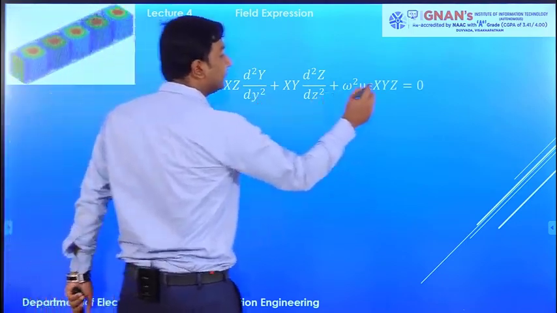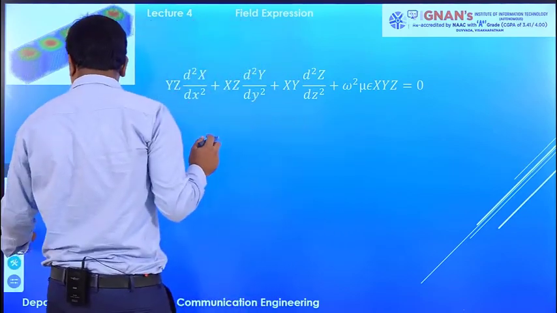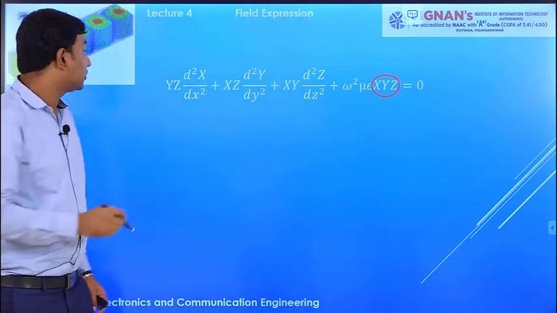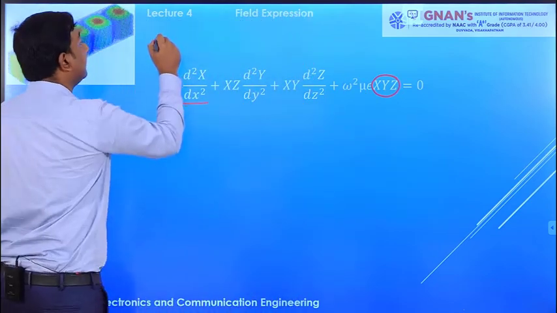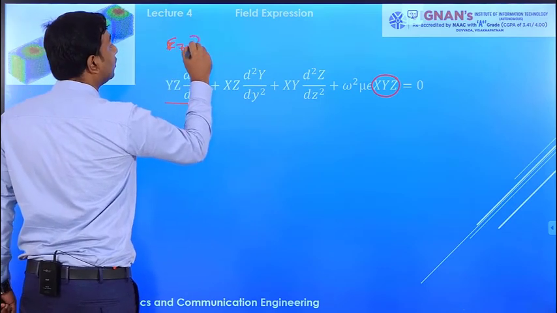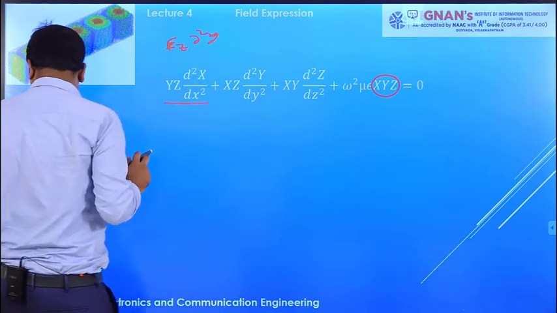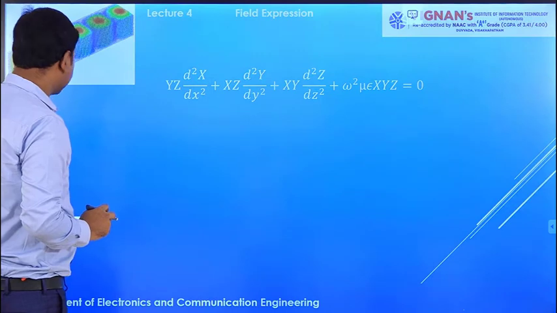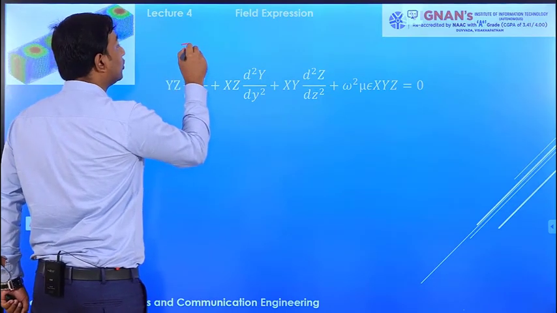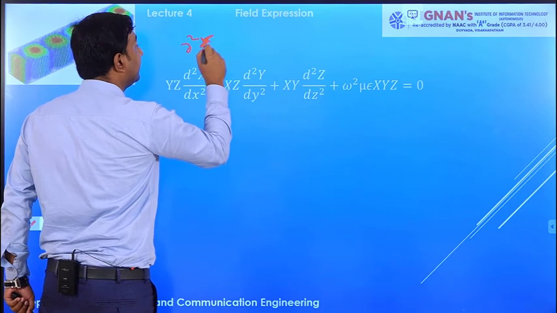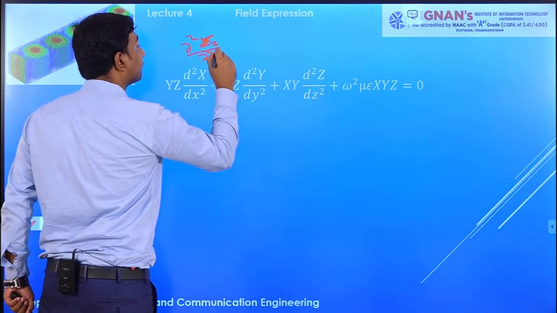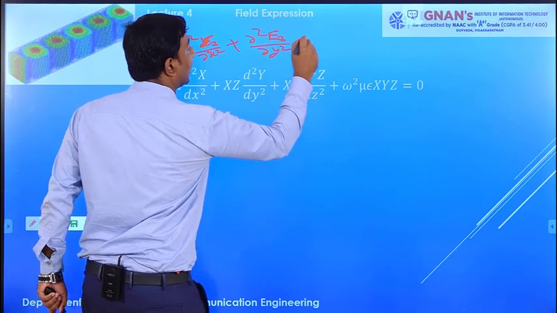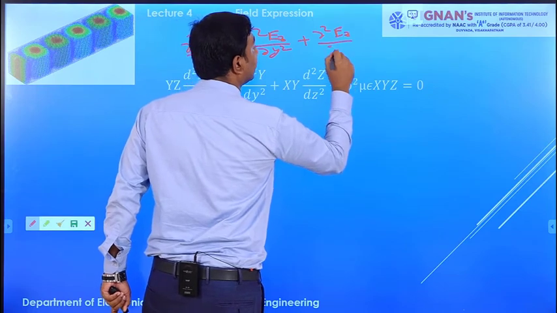So here, instead of Ez, we are placing the value XYZ. In the earlier case we had dou 2 Ez by dou x square, dou 2 Ez by dou y square plus dou 2 Ez by dou z square.